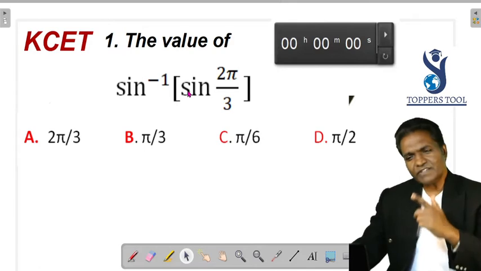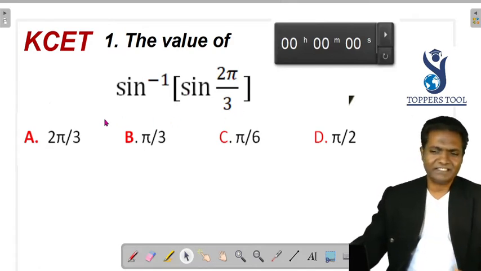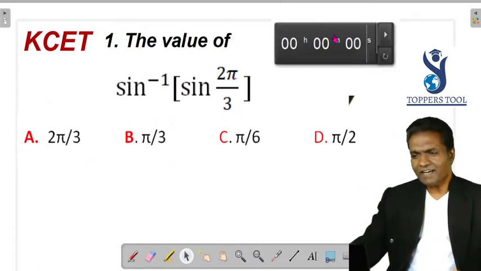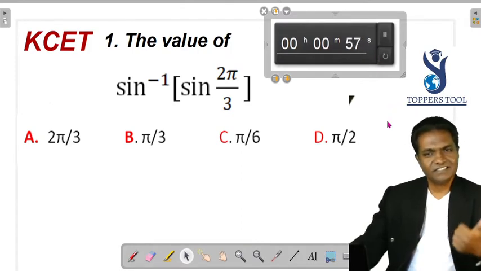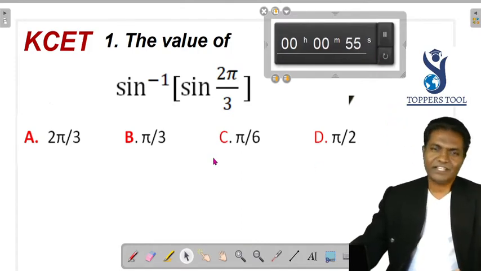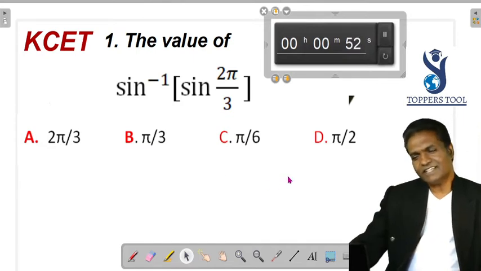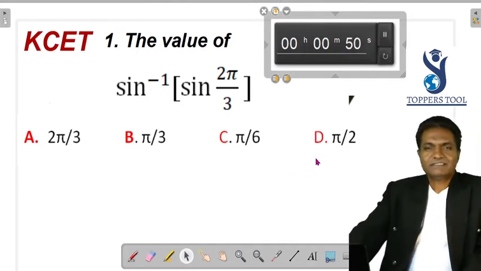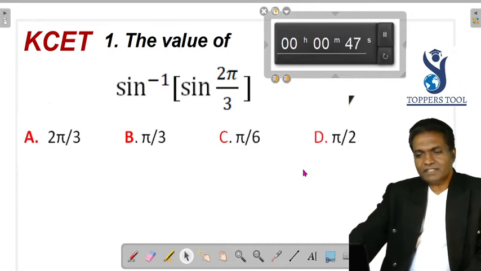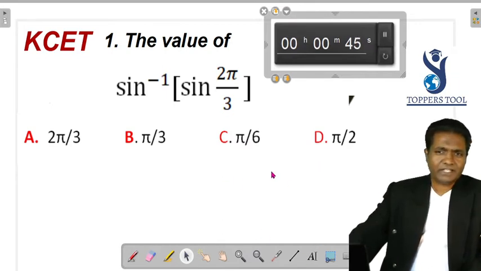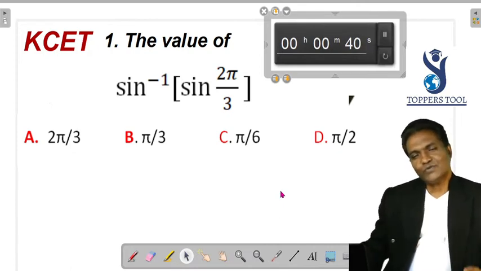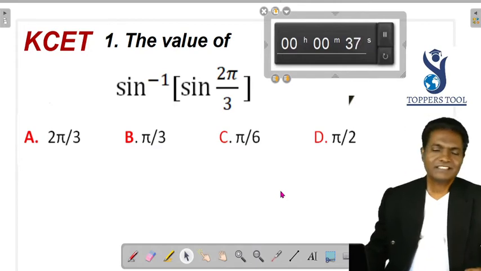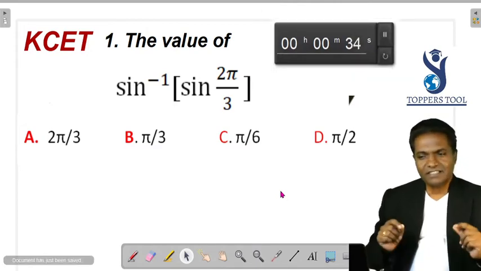So here is the first question. The value of sine inverse of sine 2 pi by 3 is, and 4 options are given. Your time starts now. Please work and let me know your answer. It is very simple, and I will be doing it, not to worry. Come on, quick.